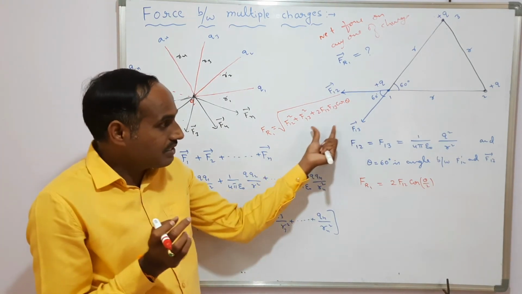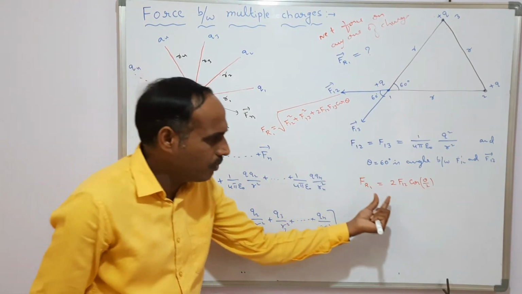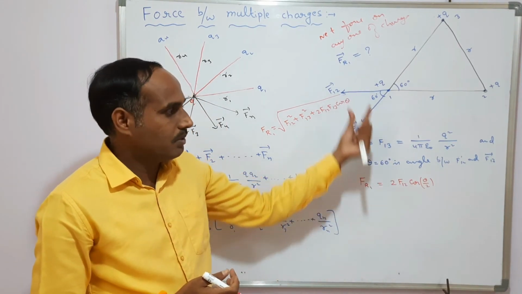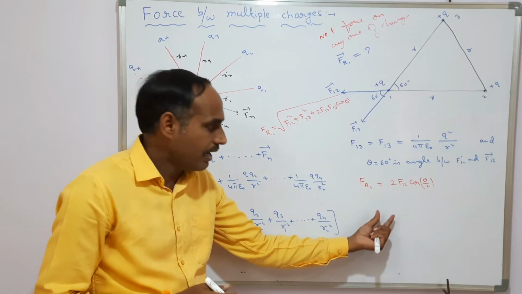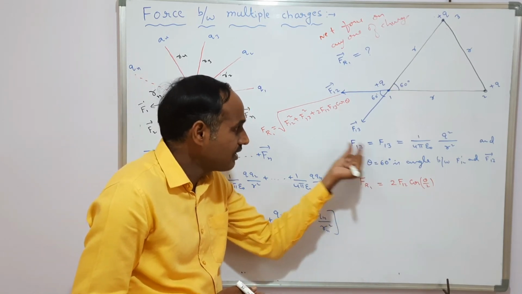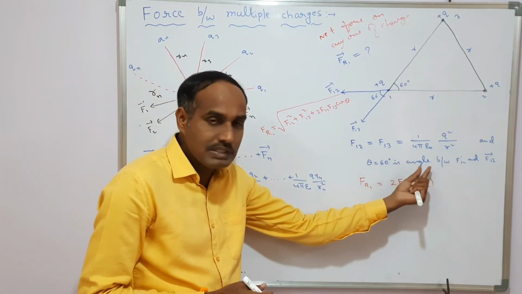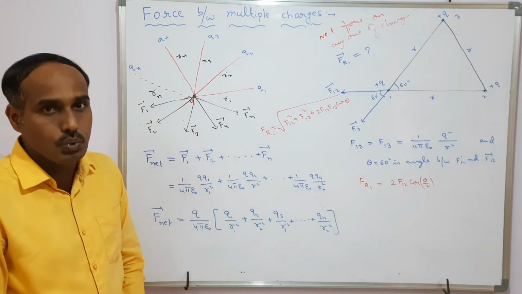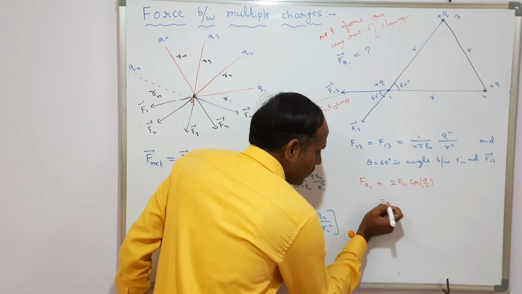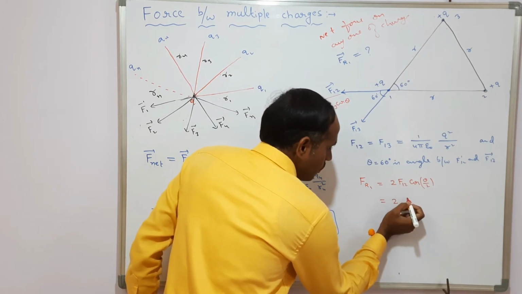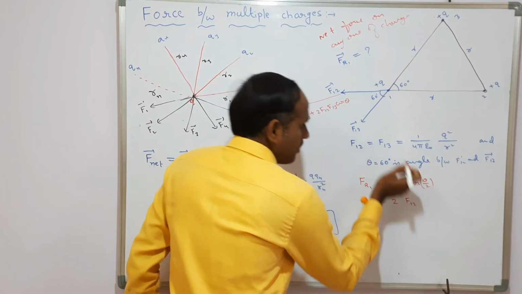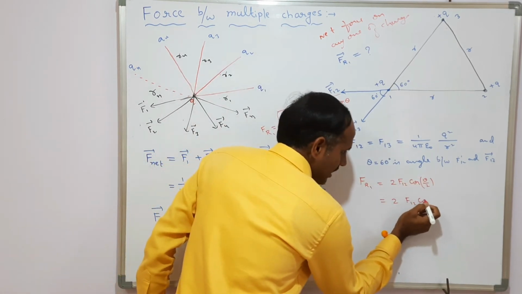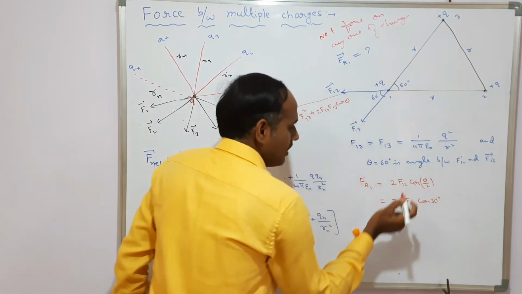But to solve the same problem within two steps, it's a very important point from the parallelogram law of vector in the special cases. You may go through my video there, which I added previously, right? So there, when the two vectors are of the same magnitude and the angle between them is theta, then the resultant of the two vectors is simply 2F cos theta by 2. Based on that, here I am coming to F12, which is given here, and cos theta by 2 is cos 60 by 2, which is cos 30.